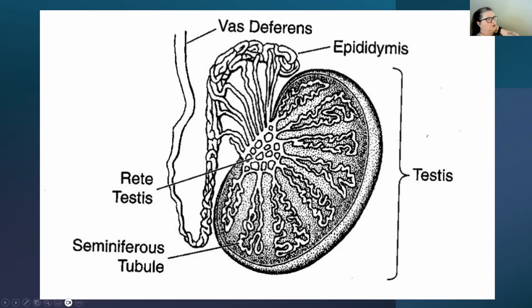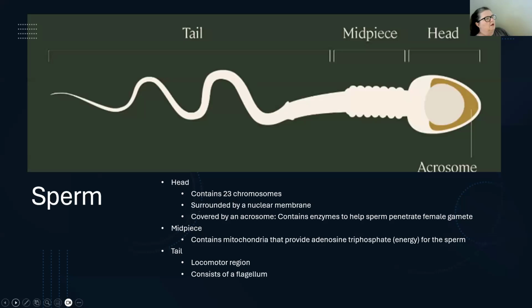Okay, and we'll go over what all those things do in a moment, but all together, this is the testis: seminiferous tubules inside, epididymis, posterior and superior portion, and then the vas deferens is what is continuous with that epididymis and leads out of the testis.